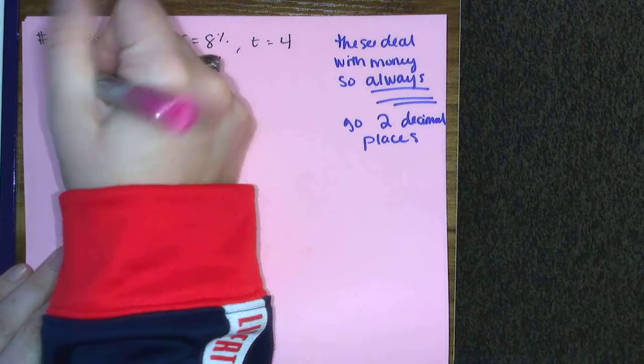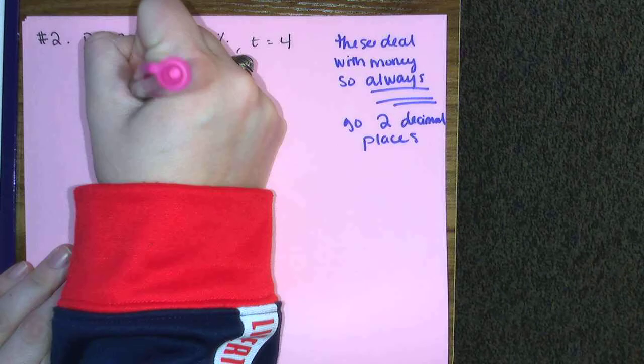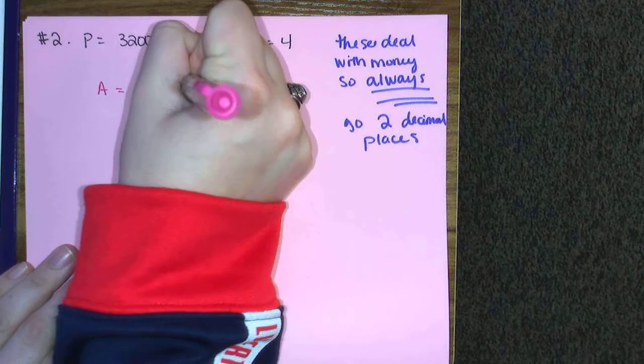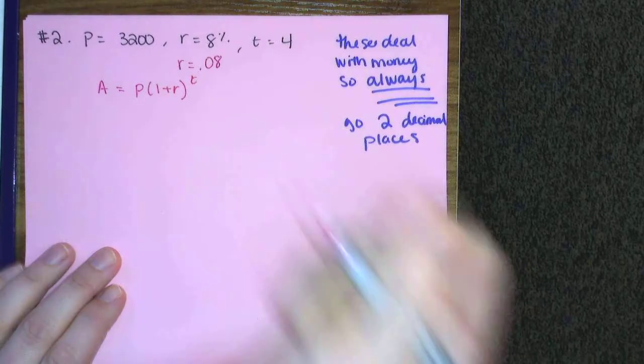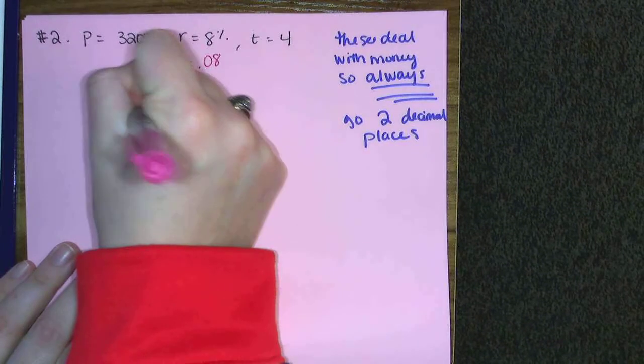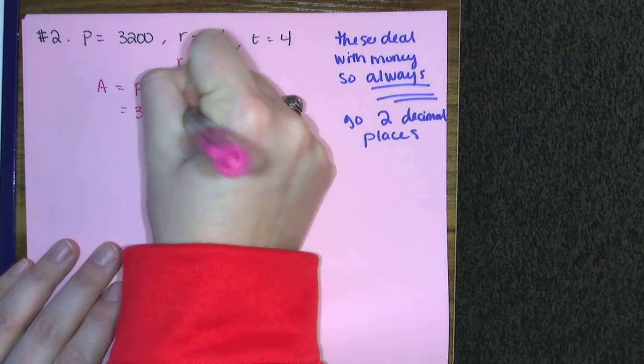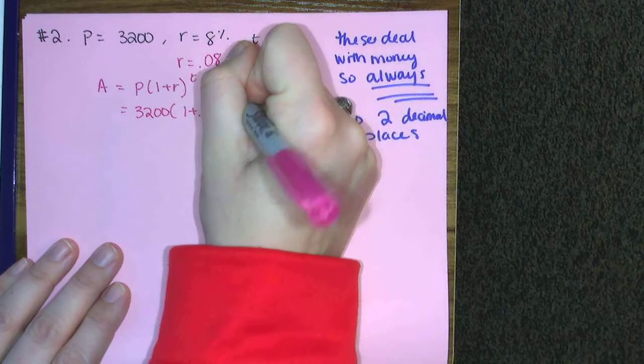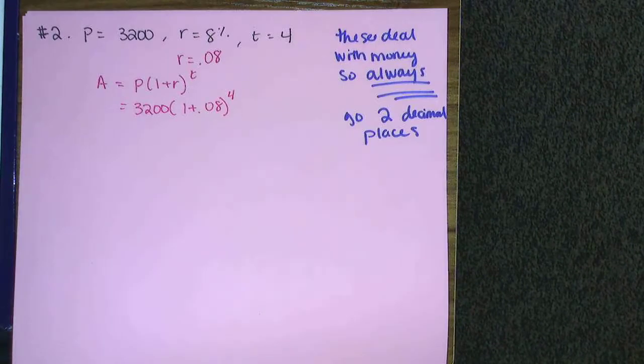So we have the formula A is equal to P times 1 plus R raised to the T. The book even does everything in T's except they give you your initial formula with N, so just know that it's pretty much always going to be written as T. If I write it, it's going to be a T. Anyways. So now we're just going to fill the pieces of the formula in. So 3,200 times 1 plus 0.08 raised to the 4. And then you have your calculator to do this stuff on, so just type it in.